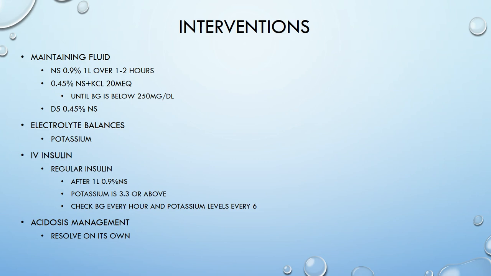Your labs should go back to normal, because remember, when they're concentrated, everything is high. That doesn't mean they're high because there's too much of it. It's really just because there's not much fluid floating around. So the more hydration you give them, the more it thins out and corrects those labs.